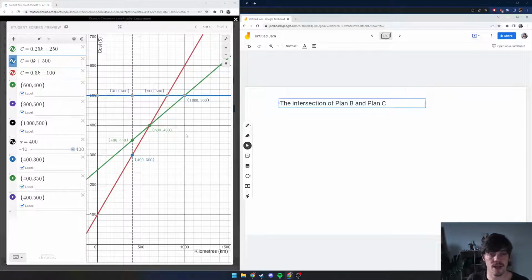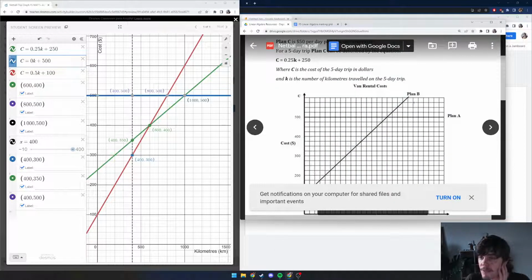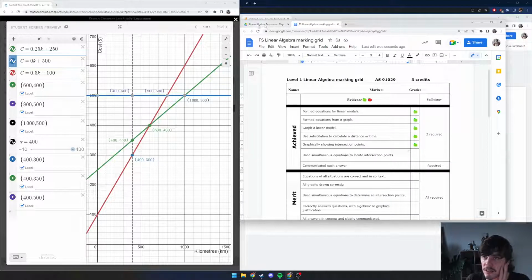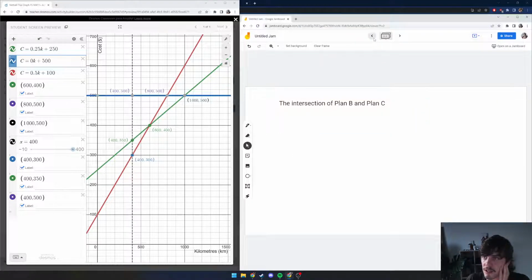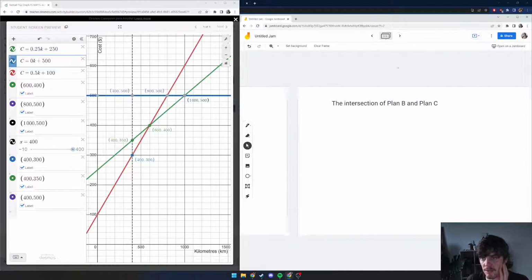So to do that, we've got to find our two equations. Plan B, I can't remember the colors at this stage. Pretty sure, I'll double check because I don't want to tell you a lie. Plan B is red and plan C is green.